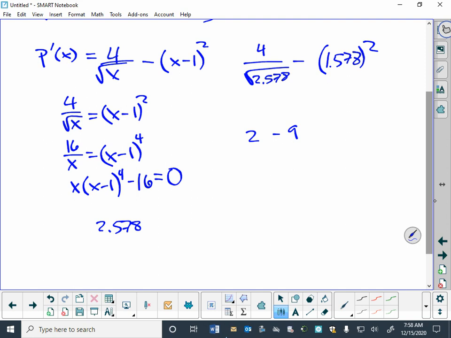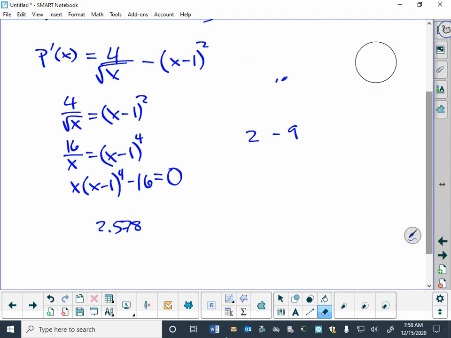And to the left, if I put a 1 in, I'm going to get just 4. So it was increasing before, then I have my horizontal tangent, then it's decreasing, so that is a maximum.